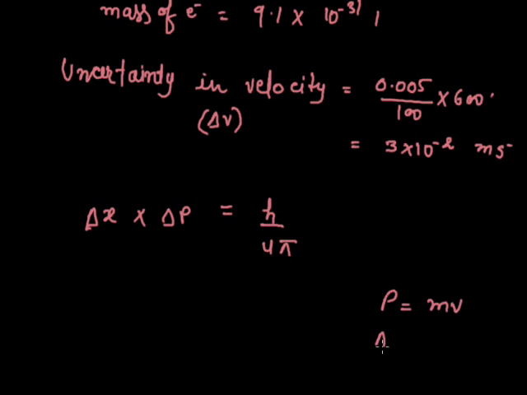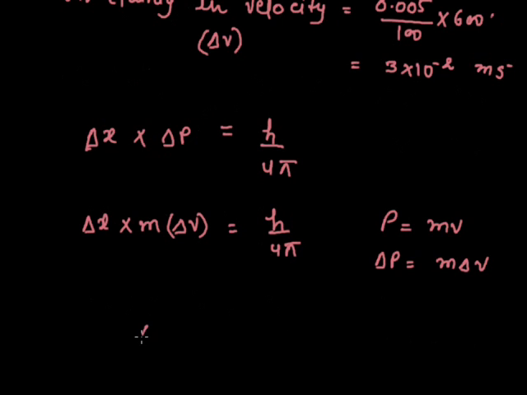So delta x into m delta v will be equal to h upon 4 pi. We have to calculate the uncertainty in its position, that is delta x, which is h upon 4 pi m into delta v. We know the values of h, pi, m and delta v.